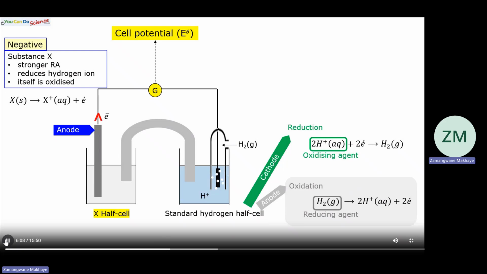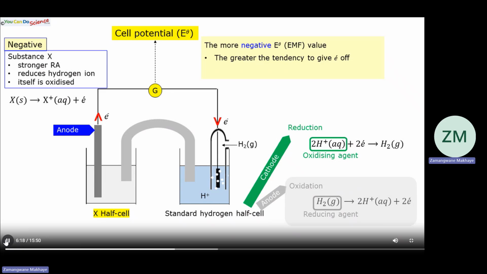The electrons then flow from the X cell to the hydrogen half cell in the external circuit. The more negative the EMF value, the greater is the tendency of the substance to give electrons off, and the stronger reducing agent the substance is.